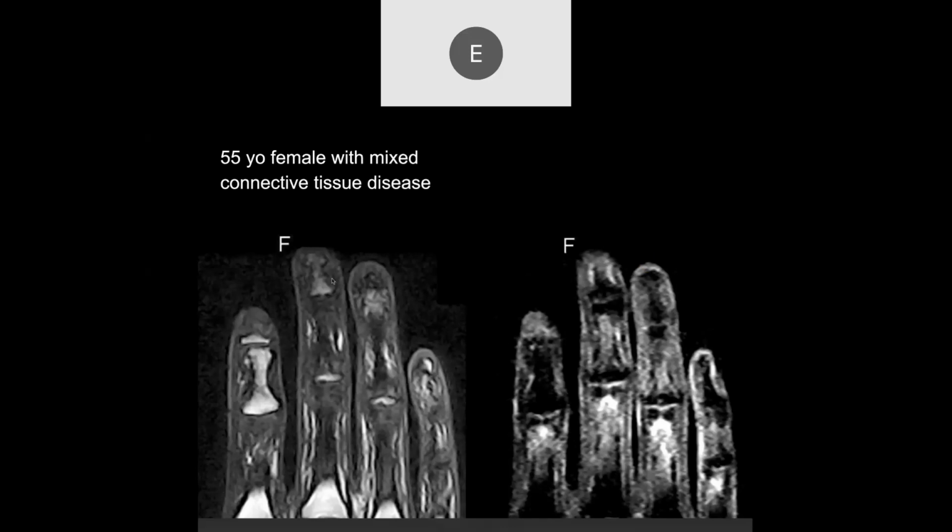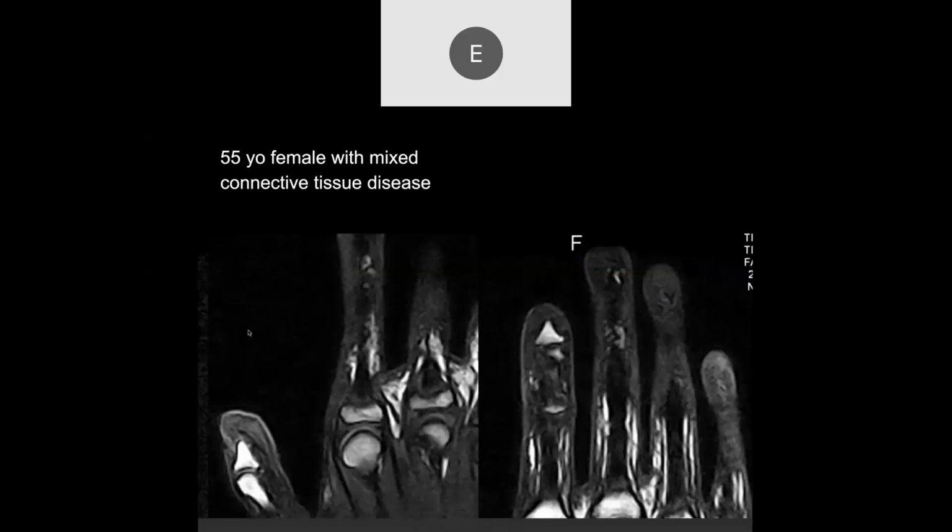There's some slightly different plane. And we see decreased fat within the tuft here, and this tuft really is eroded of the second. Is this, forget the name, acro-osteolysis? Yes, acro-osteolysis. Here we can see that tufts being gone here as well.